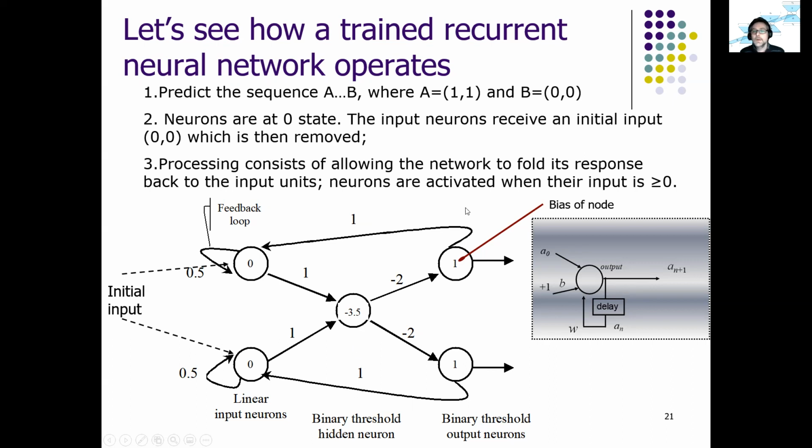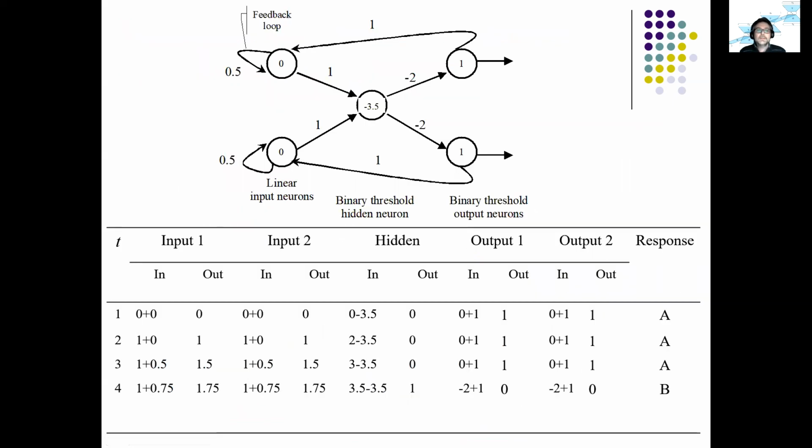It will be activated, producing a positive signal at its output, if the total input that it receives is bigger or equal to 0. Binary threshold activations are also used for the output nodes, as you can see in this figure. So let's see how this thing is going to operate.